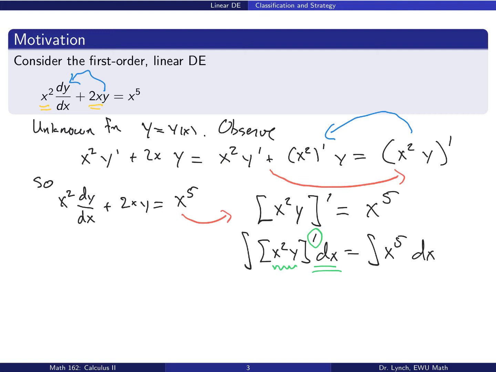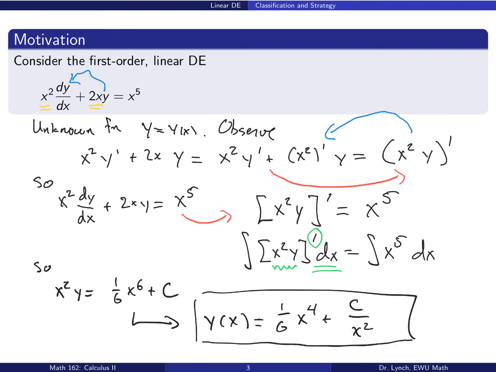So here's that last computation, and we'll see how we can find an explicit family of solutions here. So again, integrating both sides with respect to x, recognizing that we have a derivative with respect to x, and recognizing that we can quickly integrate x to the fifth to obtain 1/6 x to the sixth.